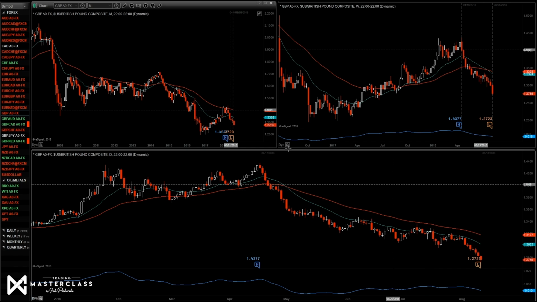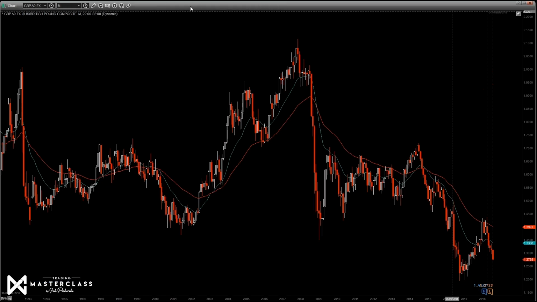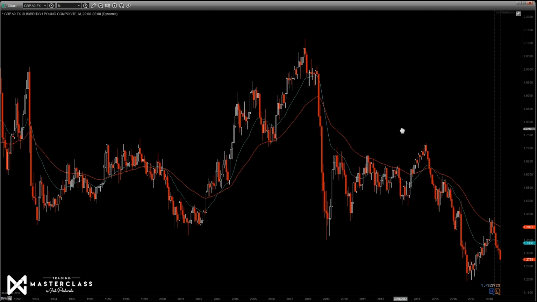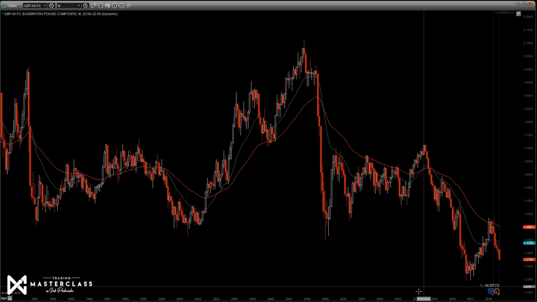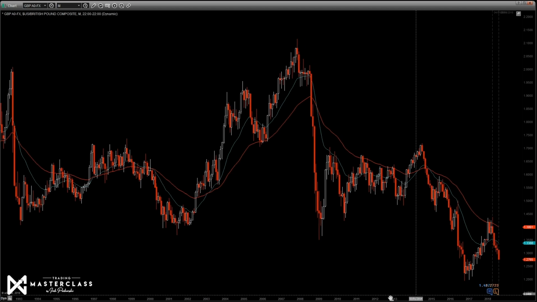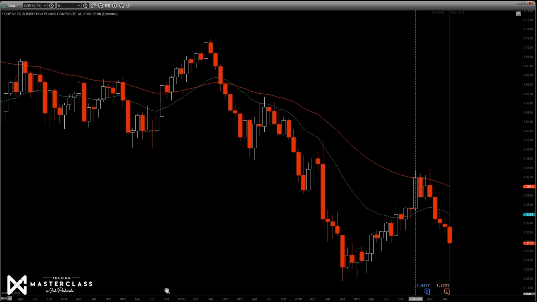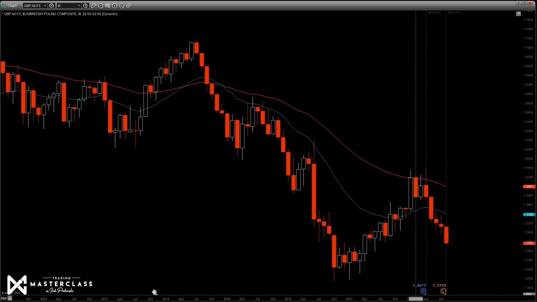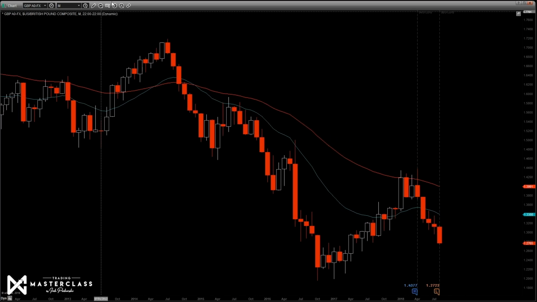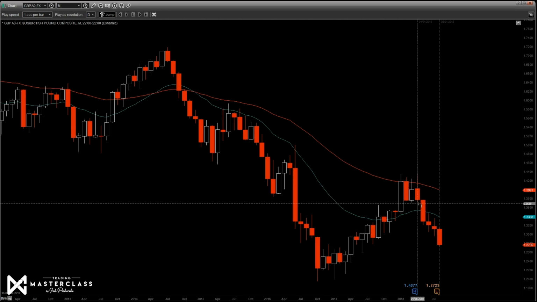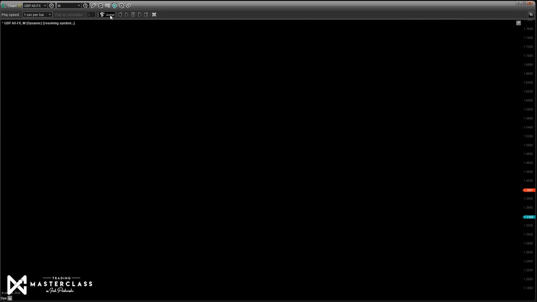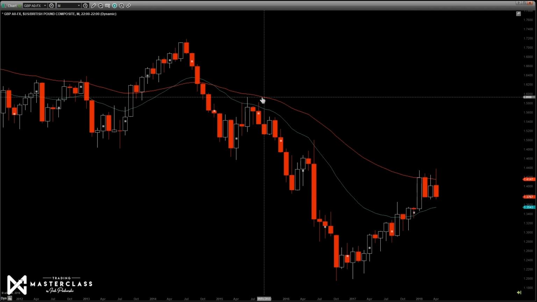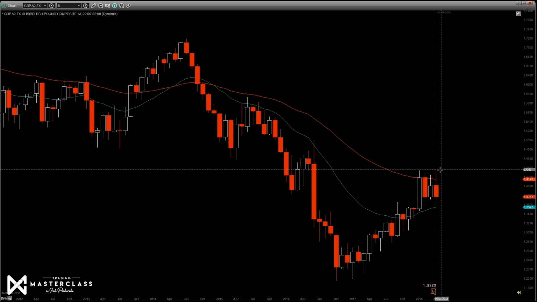Now, what is a candlestick? A candlestick gives you much more data than a typical line chart. So what kind of data does it give me? Within one candle, and we're just going to jump back in time to this candle right here, this last candlestick, it's called a candlestick.